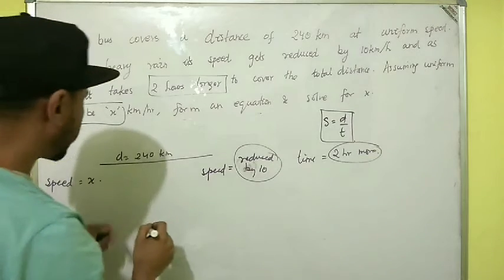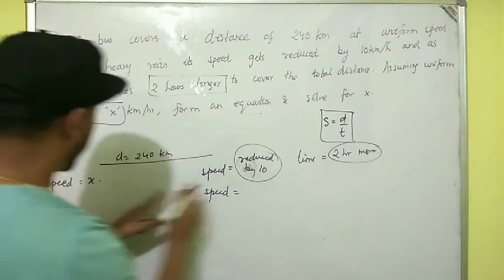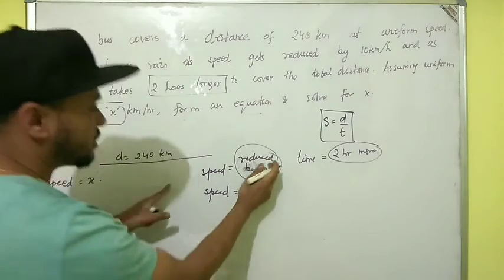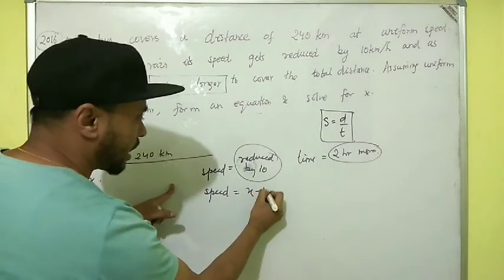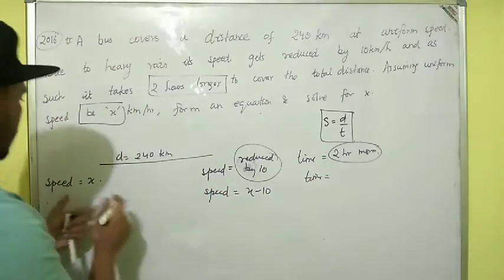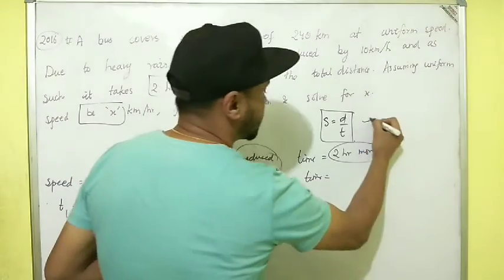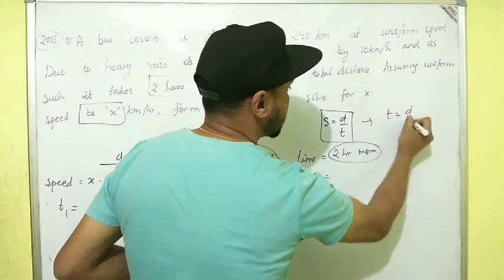Alright, then here the speed, what will be the speed here? Now the original speed is x. Now here it is reduced by 10, so that means x minus 10, and the time here will be 2 or more. So what will be the time taken here? T1 is equals to, now if you use this formula, T is equals to d by s.